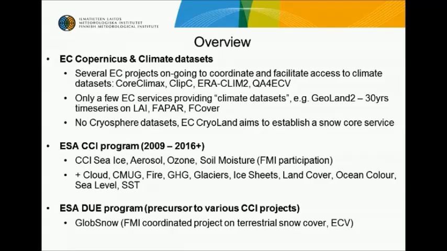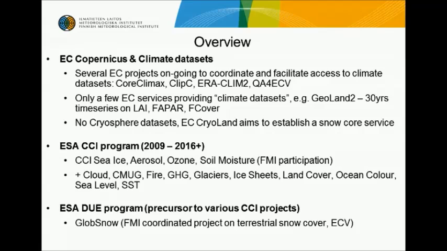ESA CCI is quite a wide program from ESA, the European Space Agency. They are focusing on satellite-based essential climate variables. I will talk a bit more on CCI sea ice, aerosol, ozone, and soil moisture, but there's a wide range of other variables as well, such as cloud, fire, greenhouse gases, glaciers, ice sheets, land cover, ocean color, sea level, and sea surface temperature.